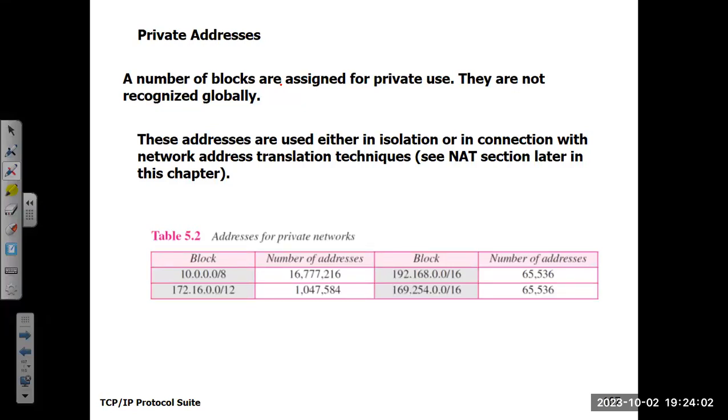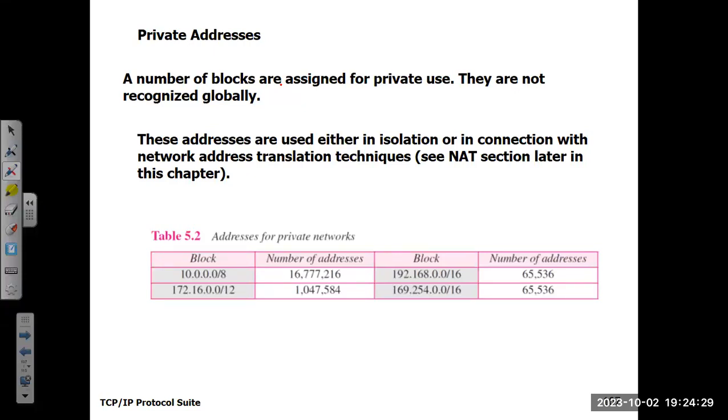However, if you go to your computer itself, you will see your IP address is 192.168.0.0, correct? So internally, I'm using something called private. And usually it starts with a range like 10.0.0.8, if it's class A.